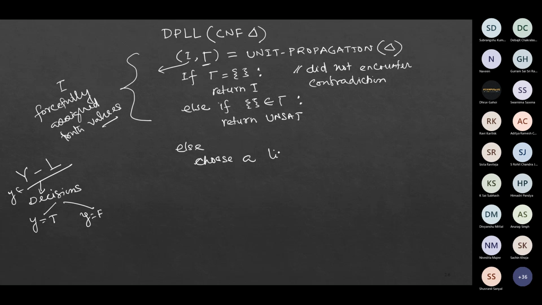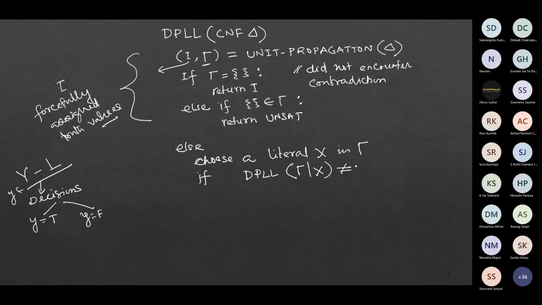So what we'll be doing now, we choose a literal X that appears in this gamma, right? Now, we'll be performing the simple steps that we have done earlier. We'll condition this on X, positive literal, right?